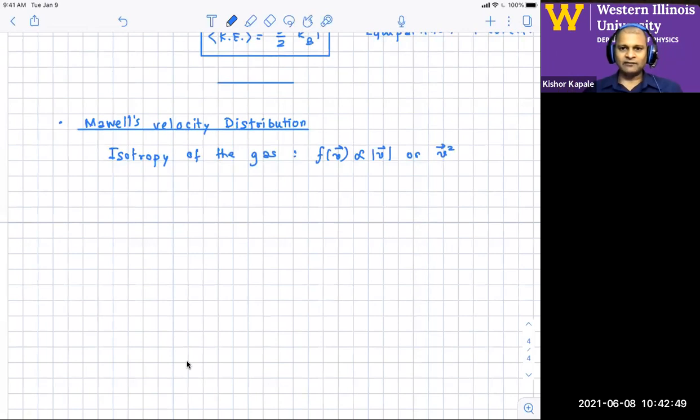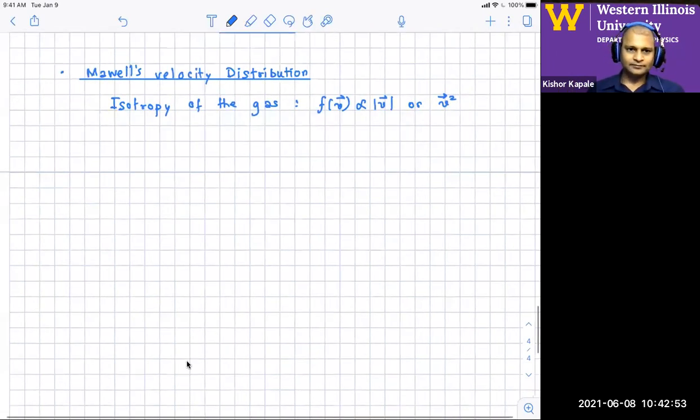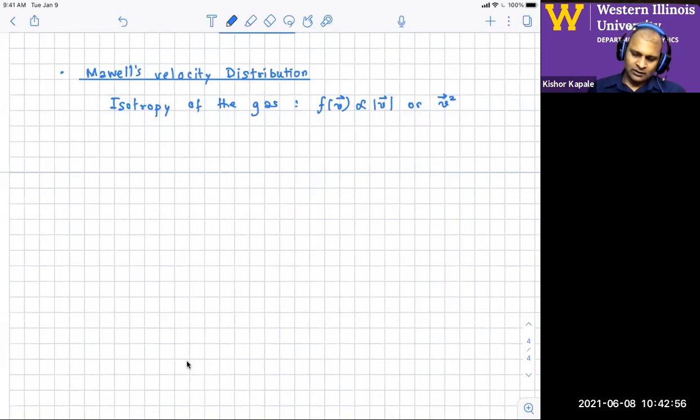So we are going to look at f of v squared instead of f of vx, vy, vz, right? Or what it also means is that f of vx squared plus vy squared plus vz squared, which is essentially f of v squared, is going to be f of vx squared. The x, y, z components can be separated out. There is no interdependence of them.